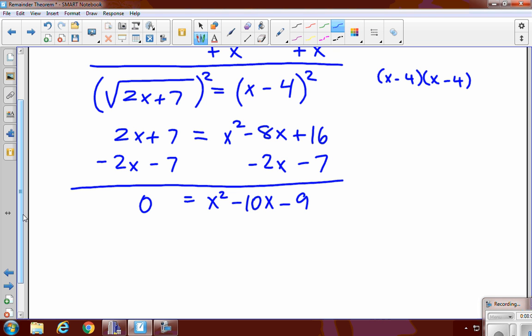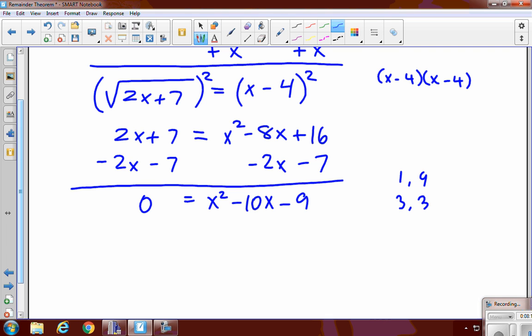There's no leading coefficient, so all I need to look for is two things that multiply to a positive 9 but add to a negative 10. All the things that multiply to 9 are 1 and 9, and 3 and 3.